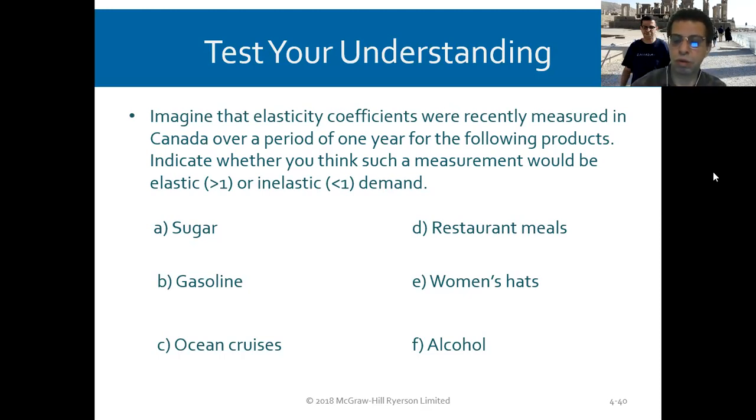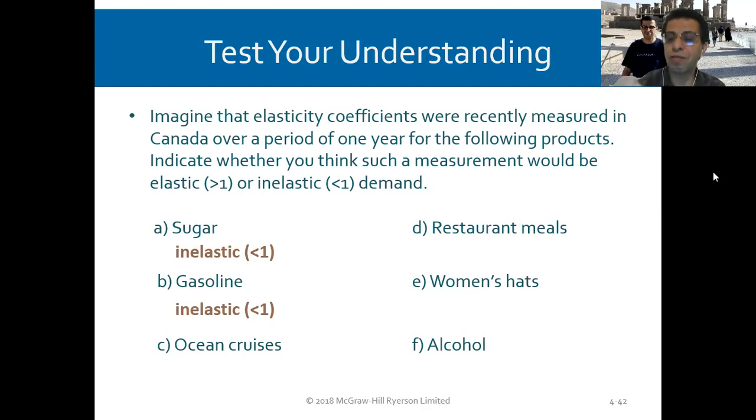For sugar, they found it's inelastic because it's less than one. When it's less than one, if you increase the price by $1, people will not consume 1 kilogram less, they will consume half a kilogram less. So it's inelastic. Gasoline is inelastic because you have to drive.